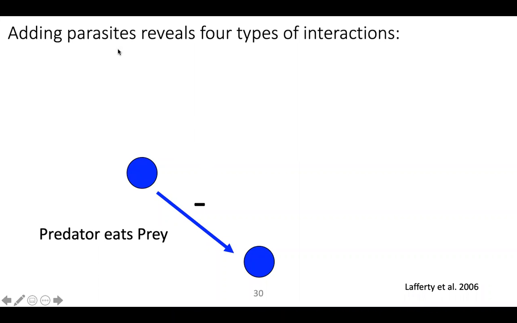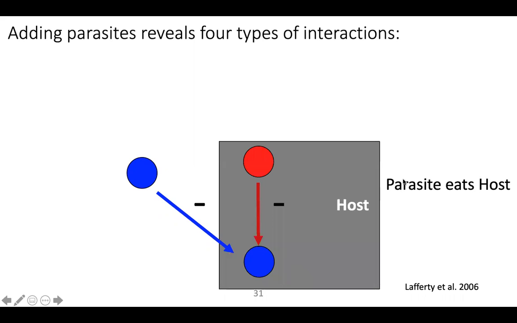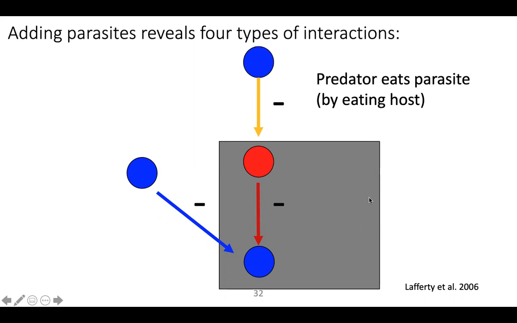So when we do this and we go through and we add parasites and we add all these feeding interactions, we found that when you add parasites, it really leads to 4 different types of interactions in the food web. So the first type is a predator eating a prey. And then we can add in our host parasite interaction. You probably have already picked up on this, but I'll be showing parasites in red and free living species in blue. And then there's this third type of interaction where a predator can eat a free living species and in doing so also consumes the parasites of that prey species.